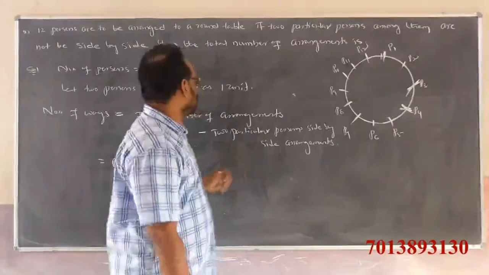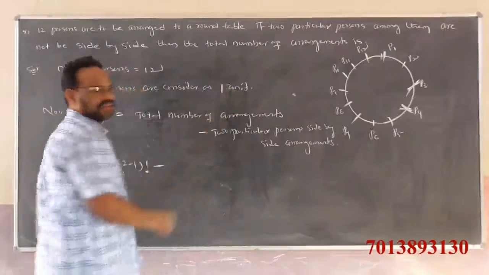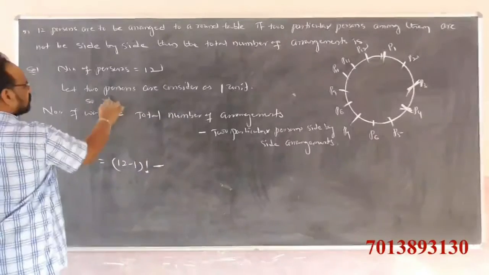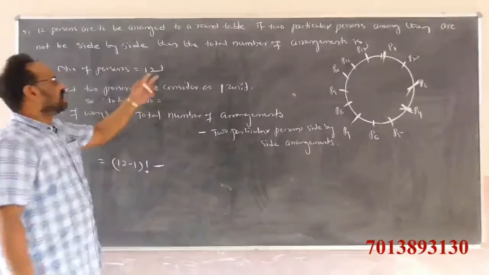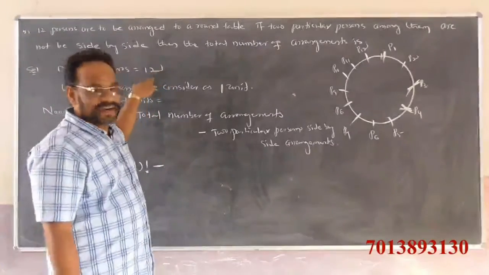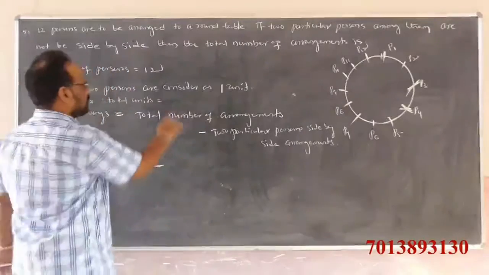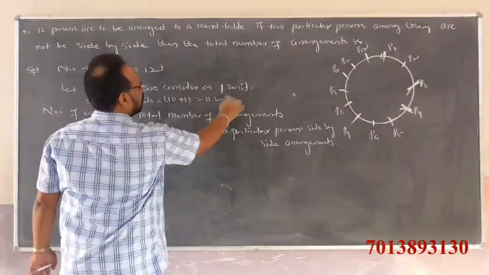So total units is equal to 10 units plus two particular persons considered as one unit, that is 10 plus 1, equal to 11 units.